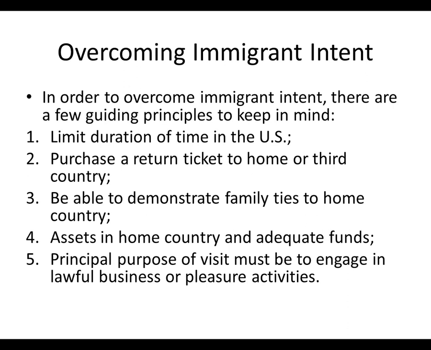If they're spouse or children, those family ties will be considered of greater weight in terms of overcoming immigrant intent than if you're an adult and you have adult parents in the home country or brothers and sisters. Those are weighted less heavily than spouses and or children.